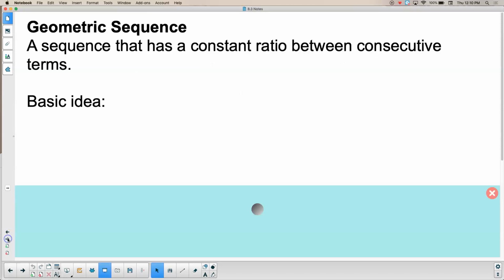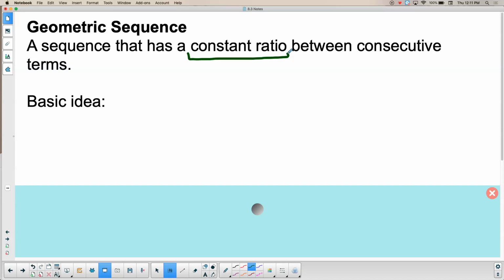Yep. All right, so a geometric sequence is a sequence that has a constant ratio between consecutive terms. Okay. A constant ratio. So in arithmetic, we added to get the next term.